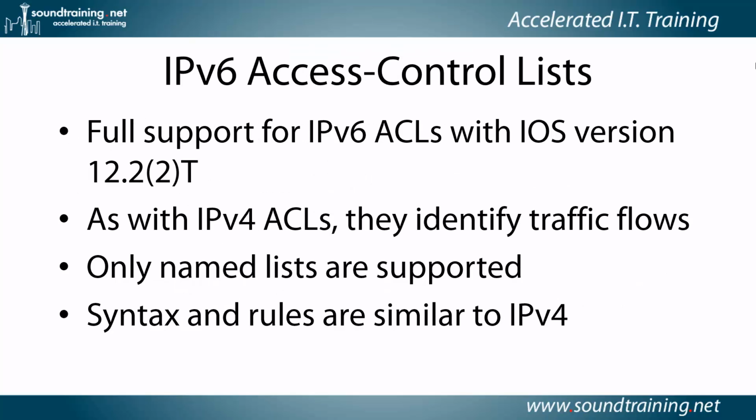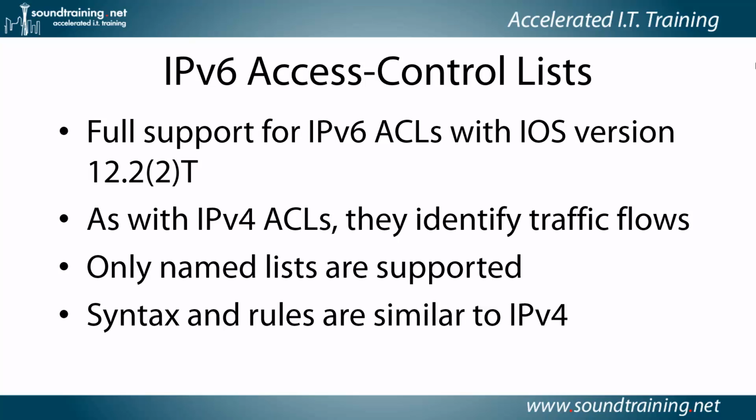So, let's talk about IPv6 access control lists. Full support for IPv6 ACLs started with iOS version 12.2(2)T. There was some support for IPv6 before, but the commands that we're going to show you were fully integrated into the iOS starting with version 12.2(2)T and continue to be supported now.